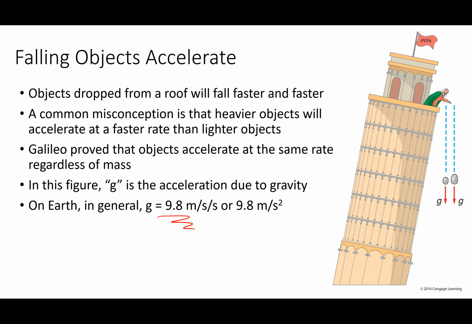In general, for every 1 second you let something fall, it's going to go 9.8 meters per second faster than it was before. So if it starts at 0, it falls 1 second, it's going to be at 9.8. You let it fall a second second, and it's 9.8 plus 9.8. You let it fall a third second, and it's 3 times 9.8. Really? That's how it goes.